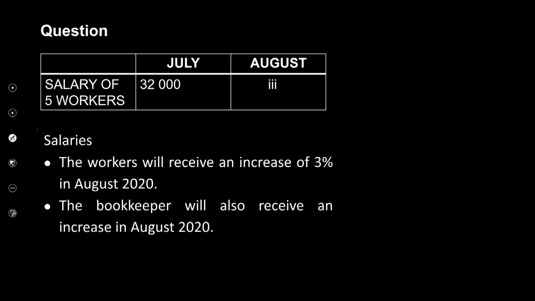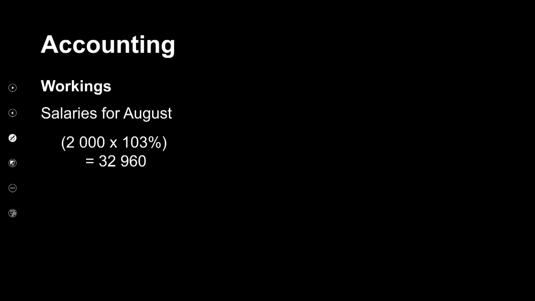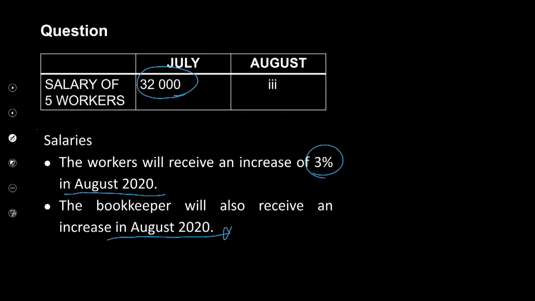We are told that the workers will receive an increase of 3% in August. The bookkeeper will also receive an increase in August 2020. There's the salaries of your 5 workers, 32,000 rand. Based on the information that we have, the question said to calculate the amount that has to be paid for the salaries of our workers.